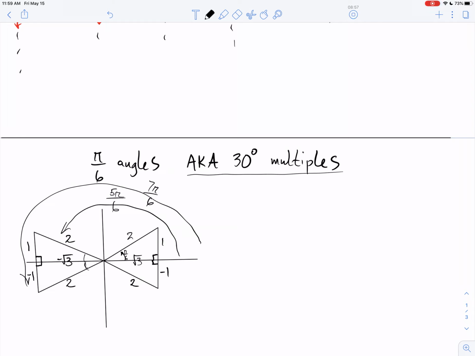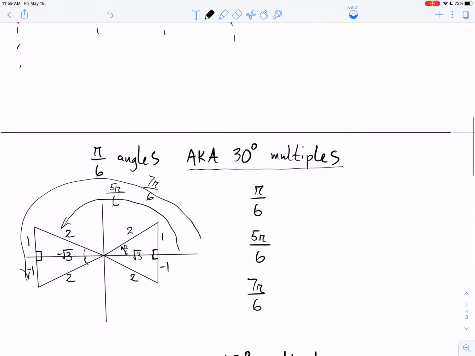I can use this to quickly find the answer for a pi 6th angle, whether they want sine, cosine, tangent, whatever they want. I could use this for a pi 6th. I could use this for a 5 pi 6th angle. That would put me in quadrant 2. I could use this for a 7 pi 6th angle. That would put me in quadrant 3.